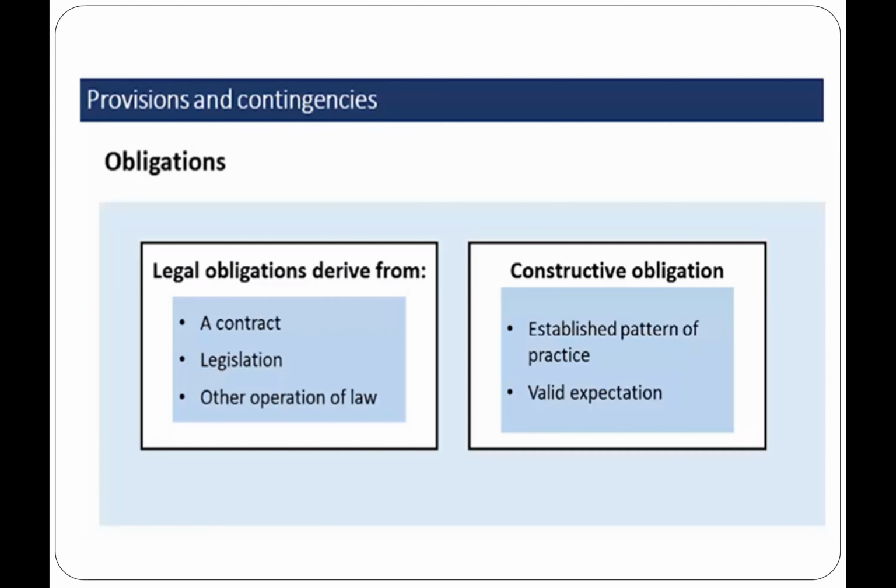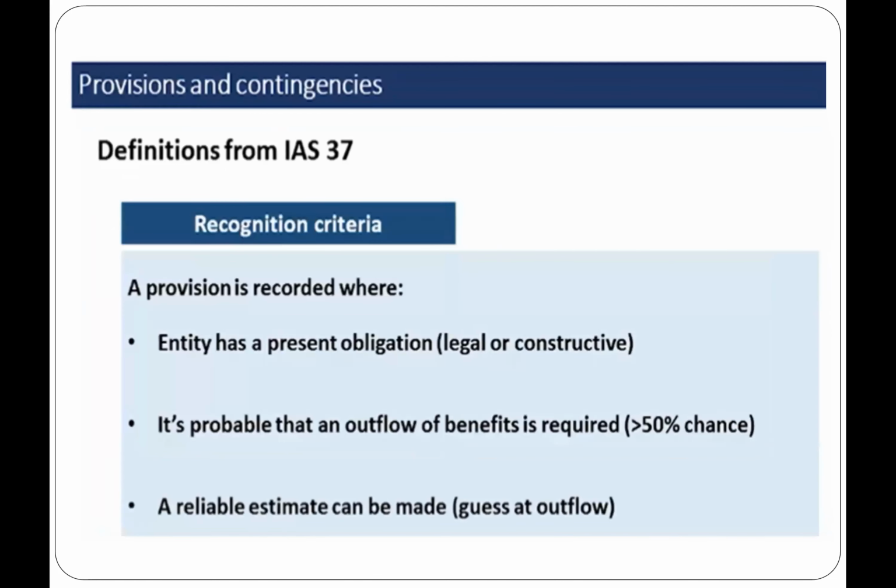So that's a valid expectation. So we have said the first condition that must be met before we decide to recognize a provision is that the entity must have an obligation that could either be legal or constructive.